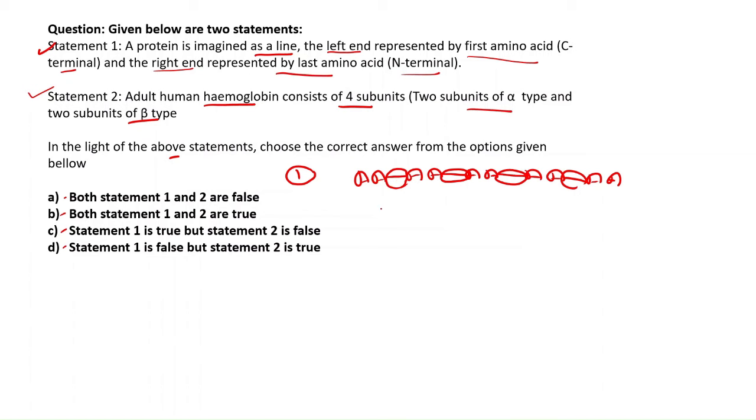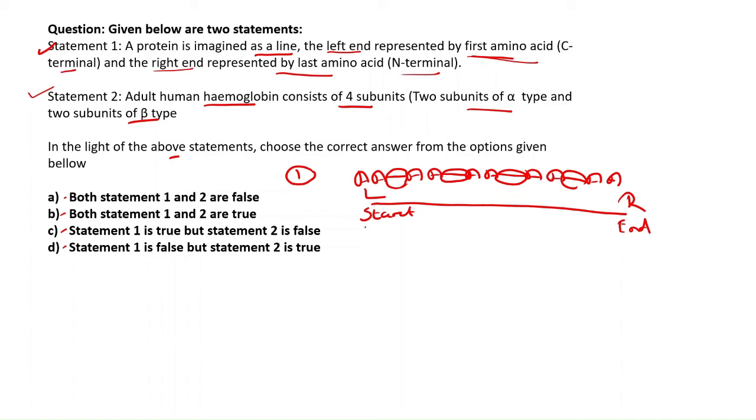So we can imagine it as a straight line of amino acids. This will be the start point, and this will be the end point: the left side is the start point and the right side is the end point. So here he mentioned that the left side is represented by the first amino acid.